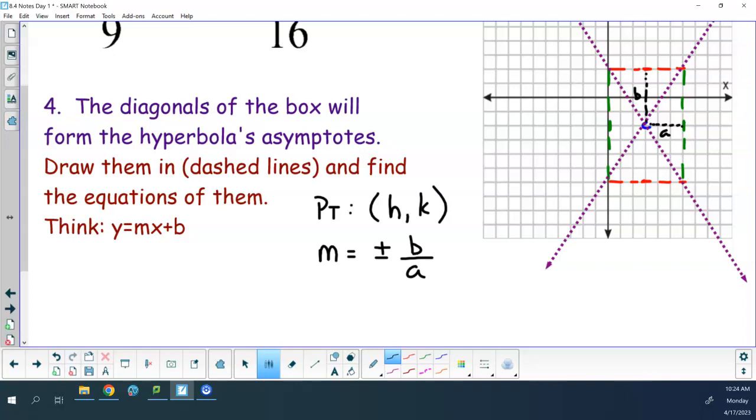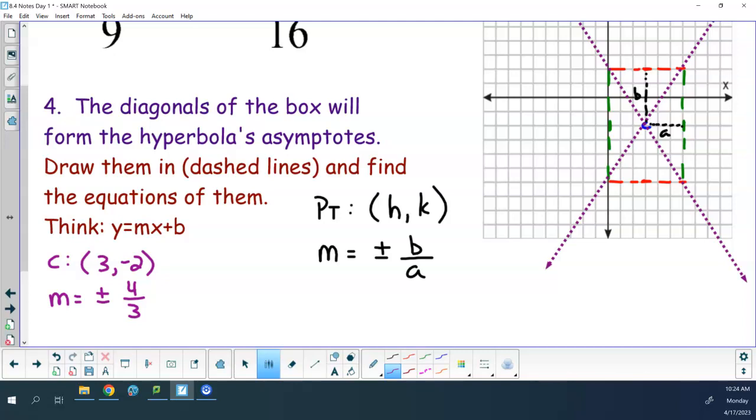So in this particular case, our center, we said, was at the point 3 comma negative 2. Our slopes are going to be plus or minus. In this case, we said we rose 4, we ran 3, so plus or minus 4/3.